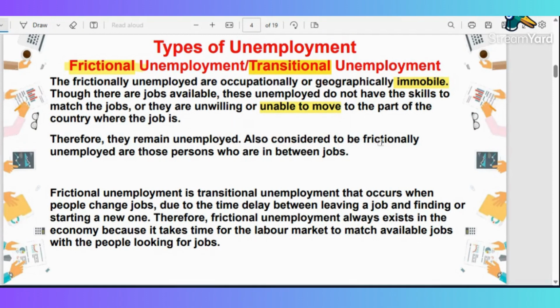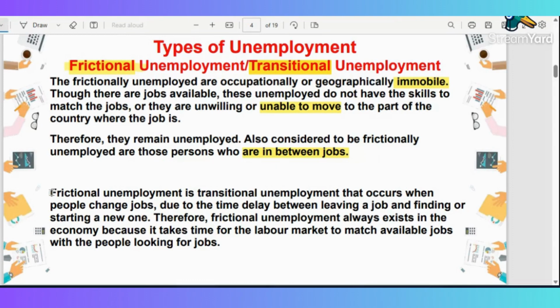Also considered to be frictionally unemployed are those persons who are in between jobs. The persons changing from one job to the other based on whatever reasons they have. This also causes this type of unemployment. They can't just switch from one job to the other. You have to have the necessary requirements, the qualifications, etc. It takes a process for them to change. You don't just reach into another job just like that.